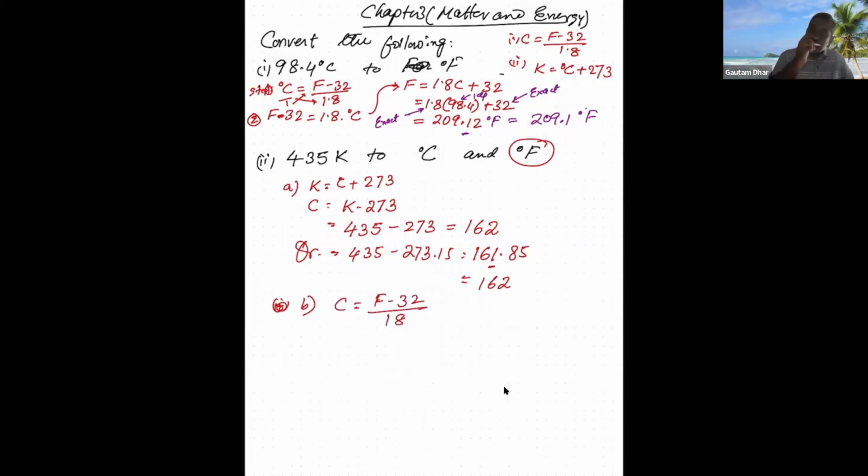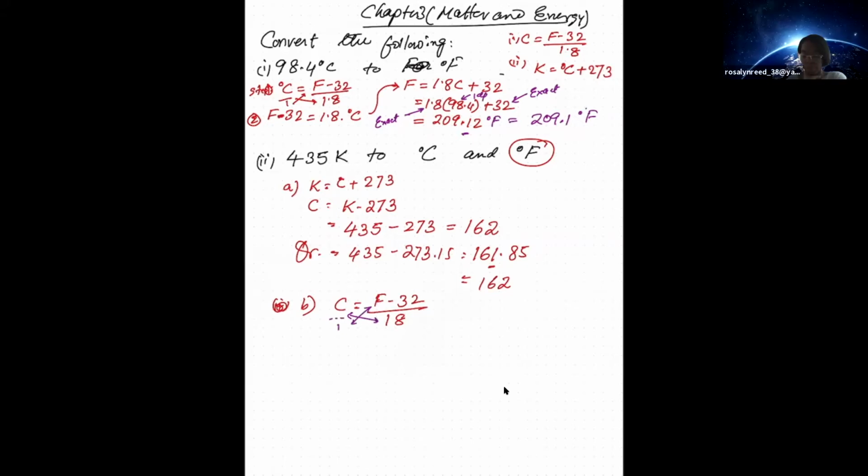If you haven't followed what I did last time, I cross multiplied. When I cross multiply, you have to remember there's a 1. So what I'm getting is F equals 1.8 C, same thing.